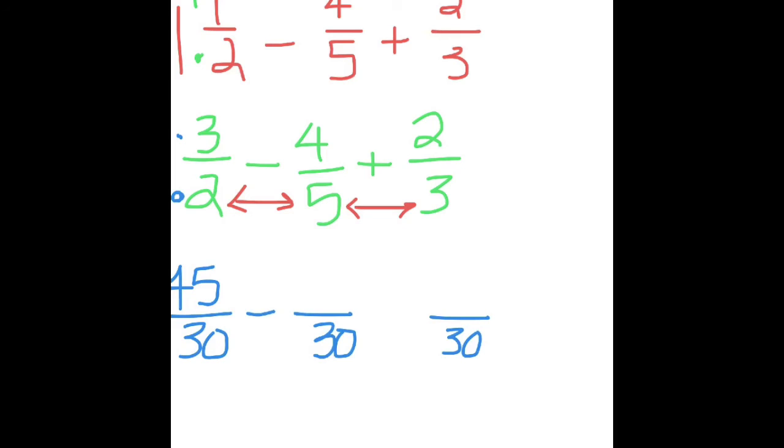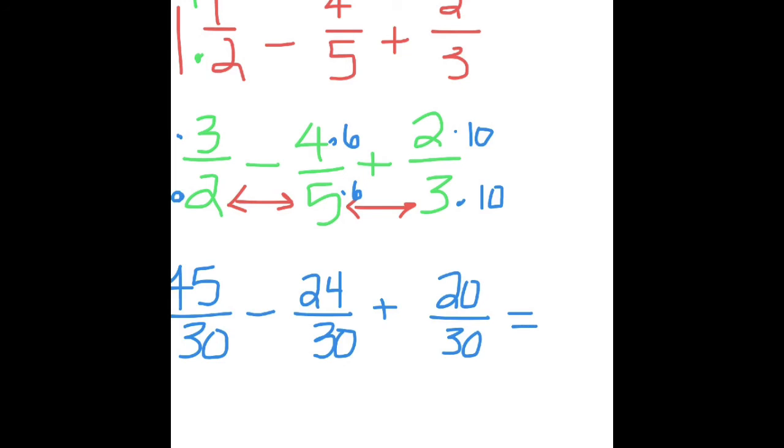Minus, to turn this 5 into a 30, I had to multiply it by 6. Whatever I do to the bottom, I have to do to the top. 4 times 6 is 24. And to turn this 3 into a 30, I had to multiply by 10. Whatever I do to the bottom, I must do to the top. 2 times 10 is 20, so that becomes plus 20.